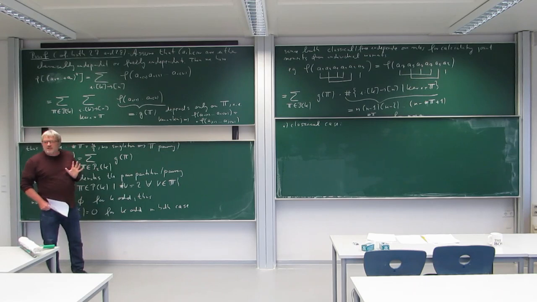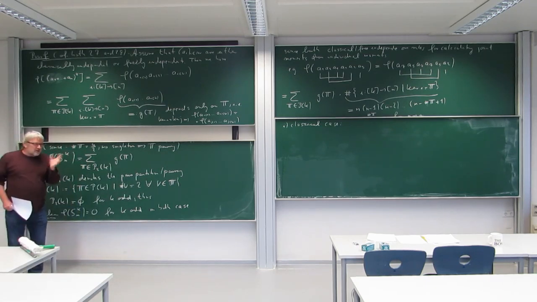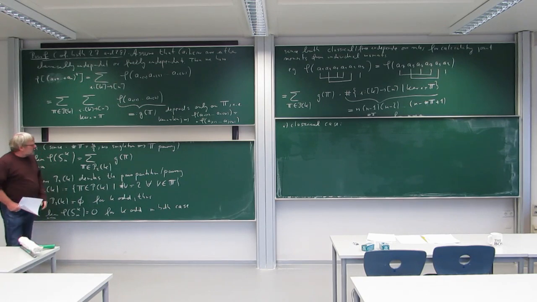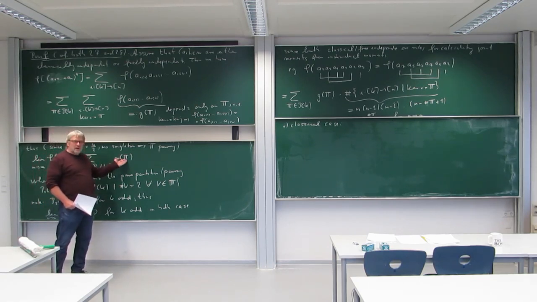But if I'm in the classical case, I have a product of elements appearing twice. Where they appear doesn't play a role because I can commute everything, and then you see that I just have a product of the squares of my variables, and they are independent, so phi factorizes. So I just get the product of the second moments of my variables. The second moments are normalized to 1, so what I get is just that this is equal to 1.